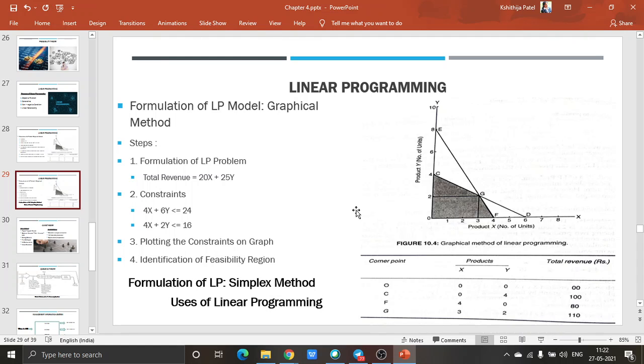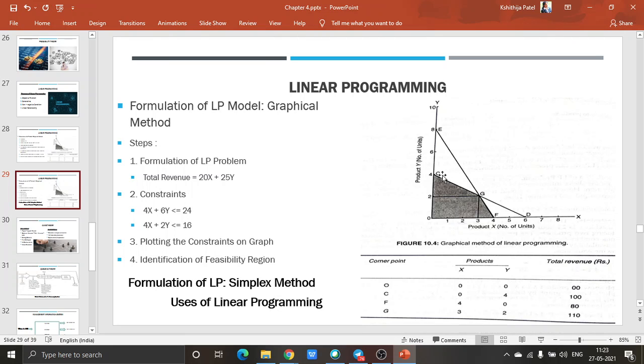Now in order to find the most acceptable solution, each corner point must be tested in light of the objective. It can be numerically represented as shown in the table, that is O, C, F and G. You have product X, you have product Y. Under O, both shall be 0.